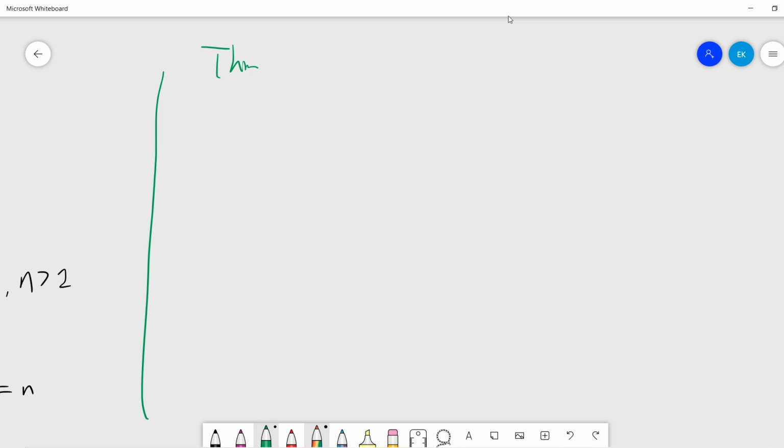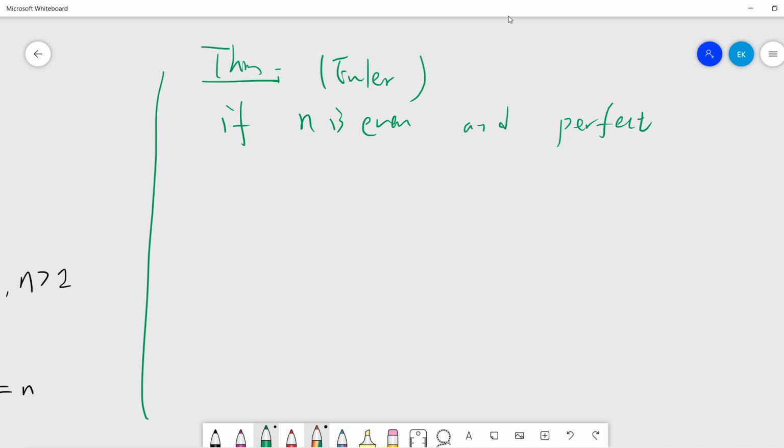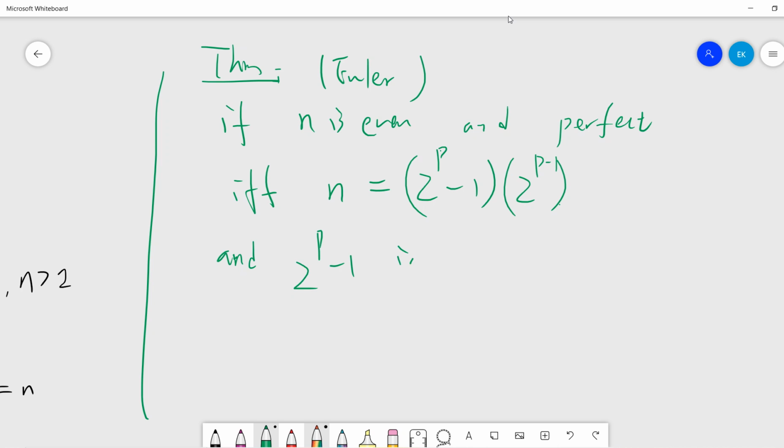So the proof is a theorem from Euler: if n is even, then n is perfect if and only if n is 2 to the p minus 1 times 2 to the p minus 1, and 2 to the p minus 1 is prime.